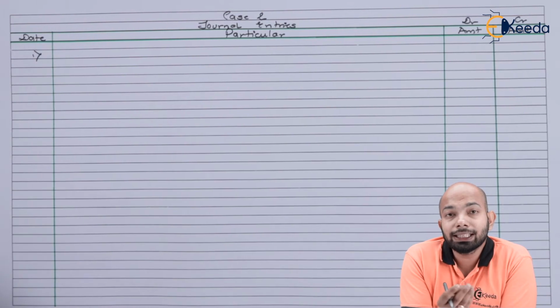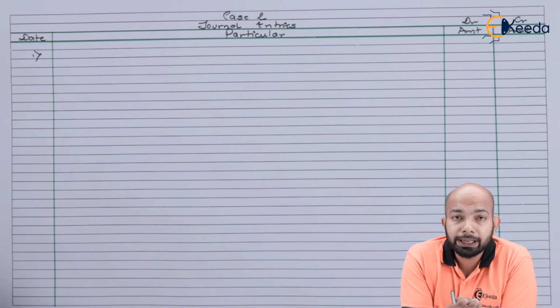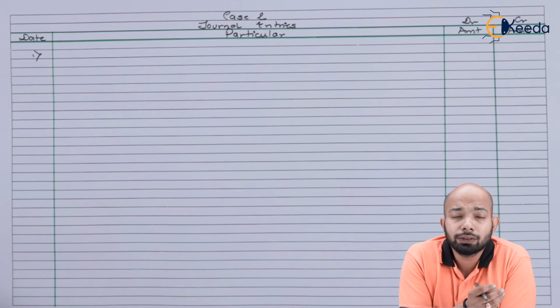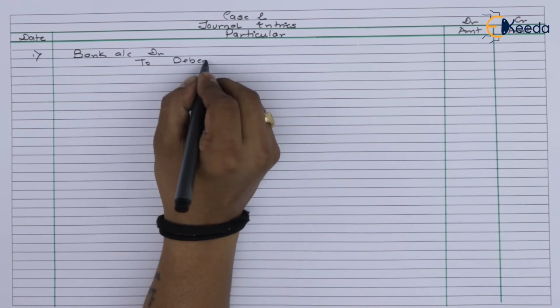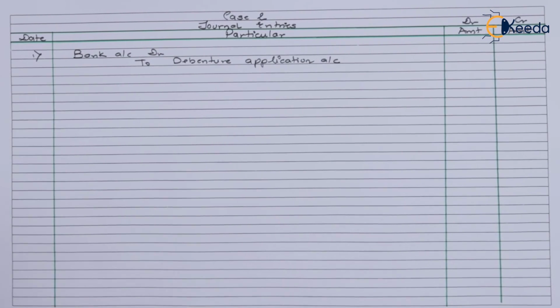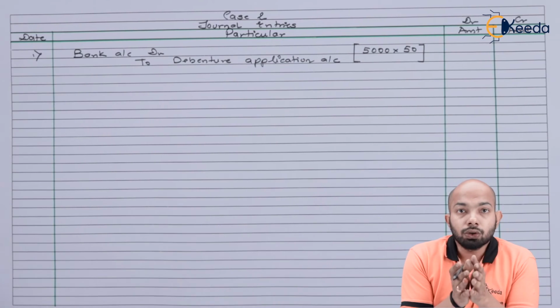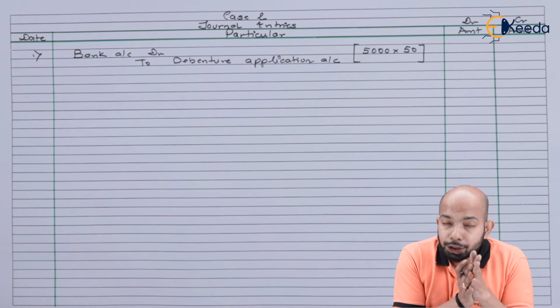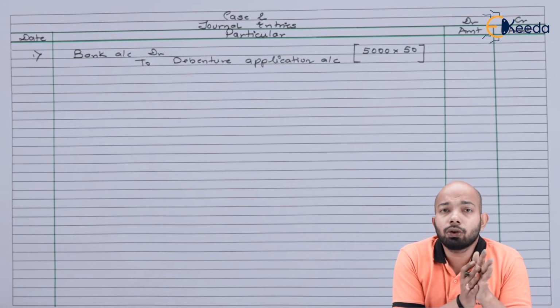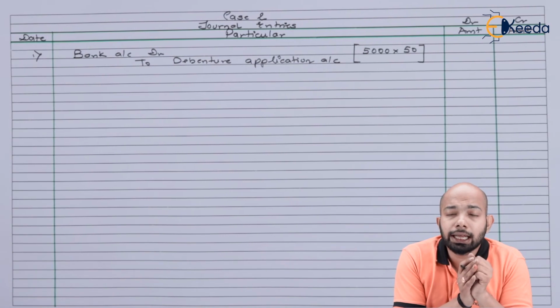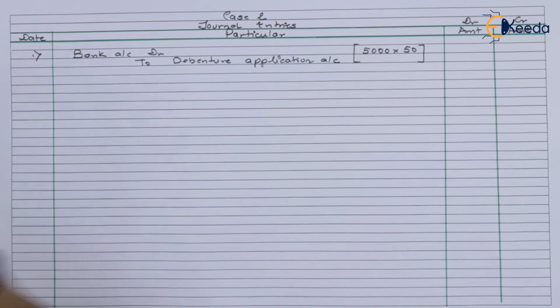And the application money that was discussed here was 50 rupees on application. So we have to take care of that accordingly. Let's mention that. So the total application money that we should be receiving here is 5,000 multiplied by 50, which will be around 2,50,000. Let's mention that and let's mention the narration as well.